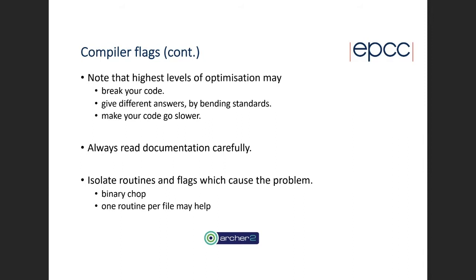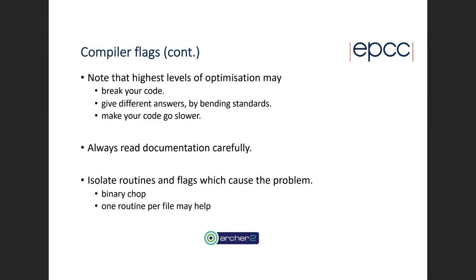So if you turn high level optimization on for your whole code and you get the wrong answers, then obviously you can just back it off. But there's a good chance that the thing that's breaking is not necessarily performance critical.